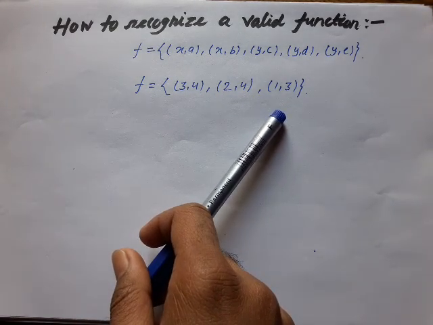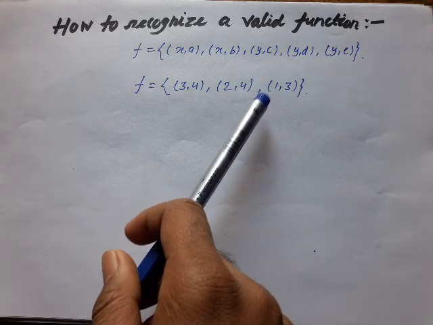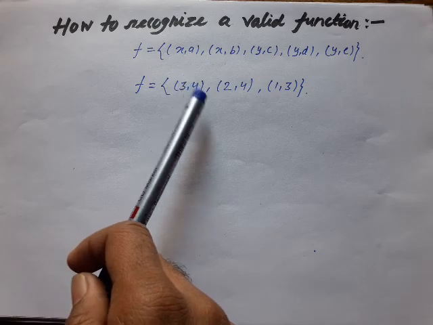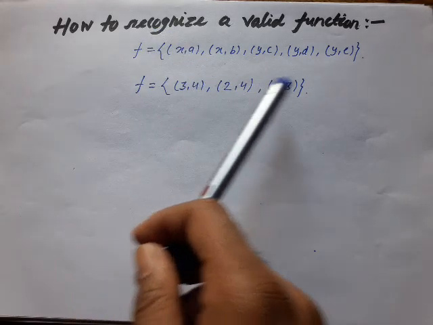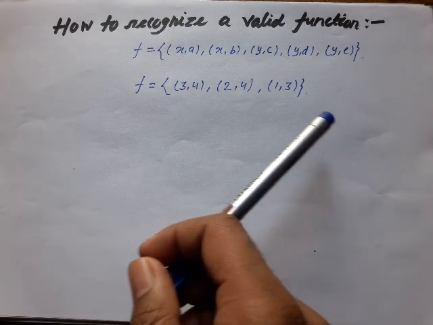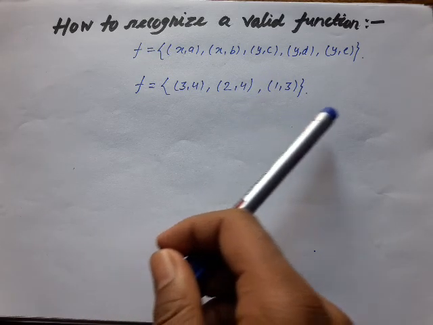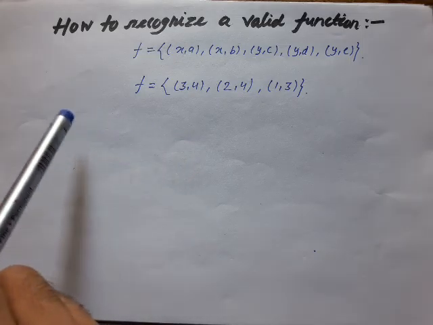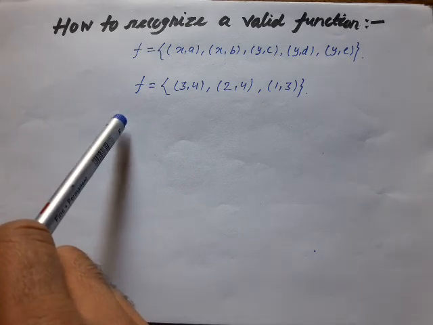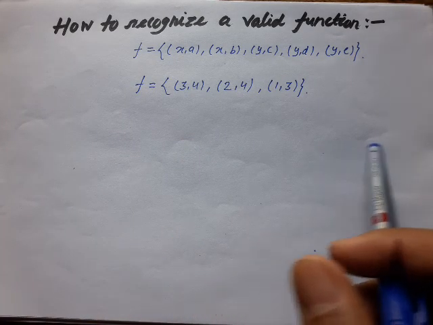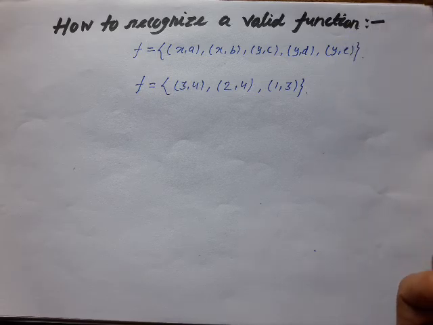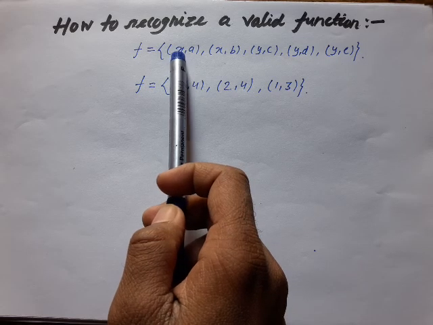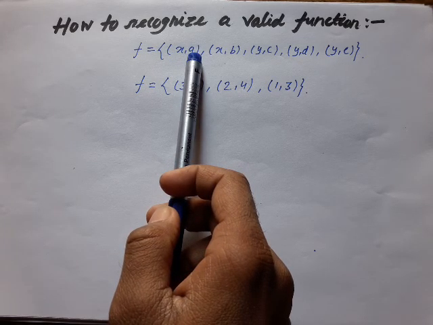So according to the first and second definition, a mapping is a function from a set A to the set B which associates each element of A with exactly one element of B. That means an element has a unique image in the set B. In the first function you can see that x has the image a.